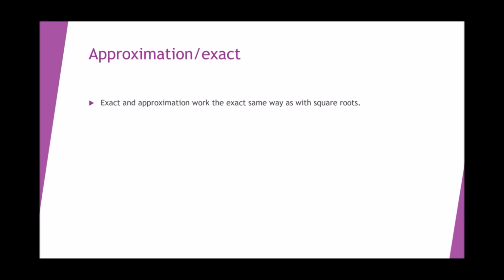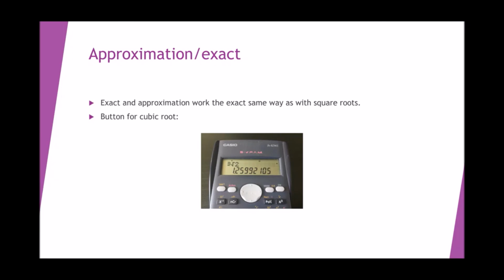The only thing I want to point out is how you can calculate the cubic root on your calculator. So that's going to look something like this. And the cubic root is actually hidden over here, a very small thingy above the power of 3 button.